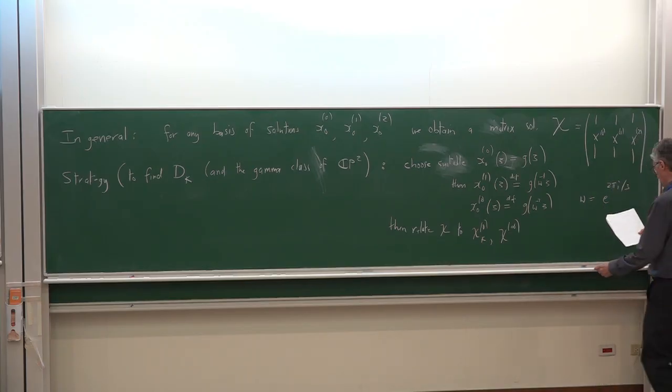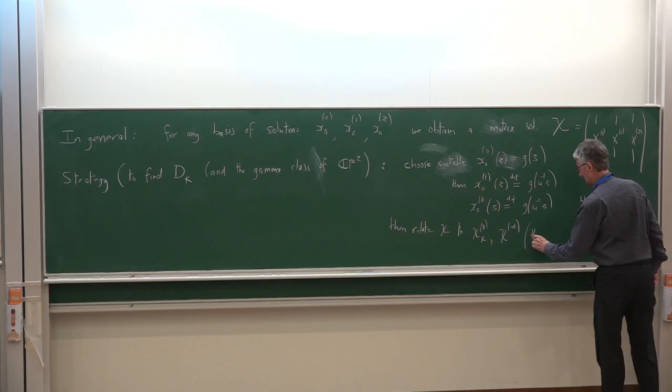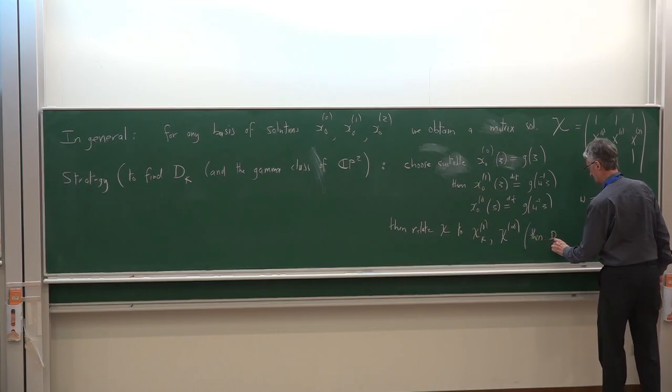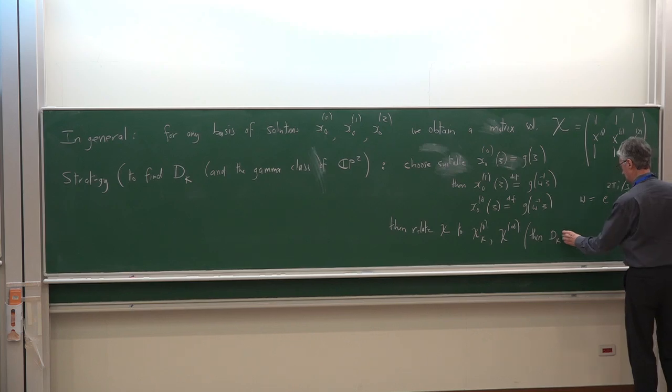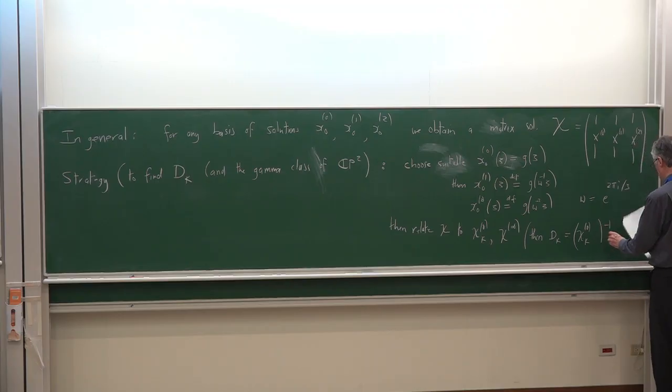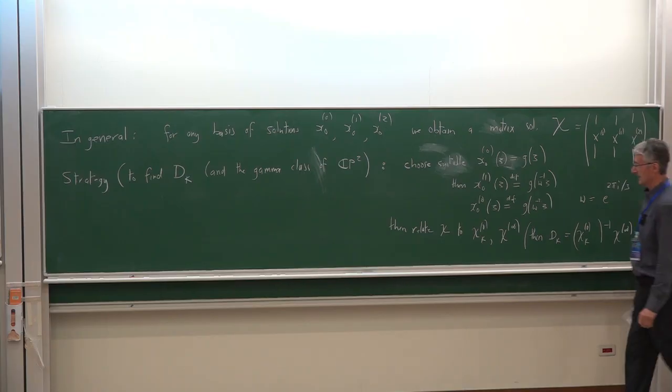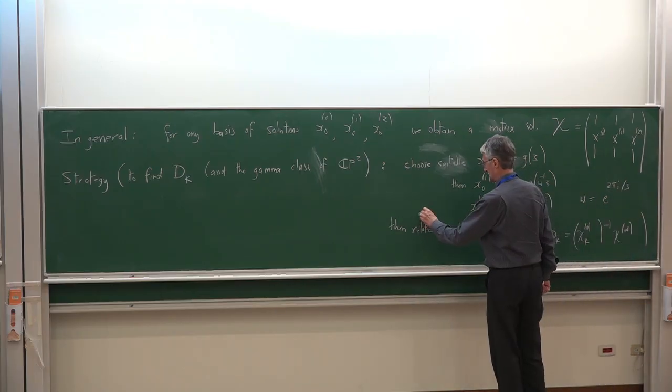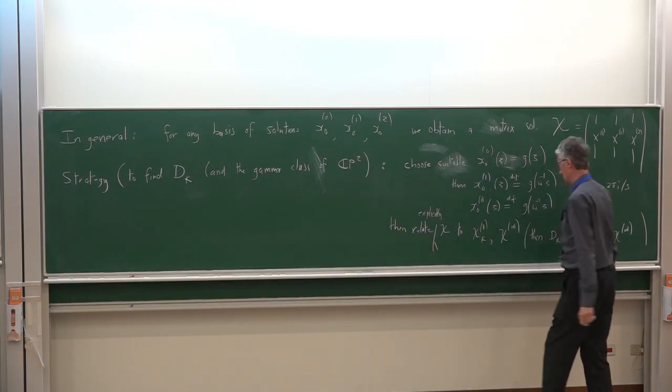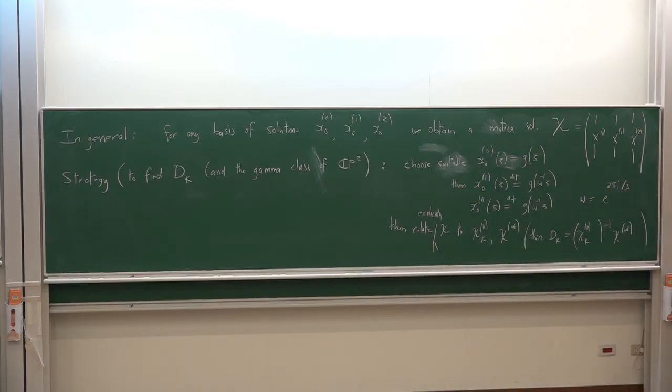And then we find d. So dk will be the difference between these two things, which I find if I relate chi explicitly to these things, and then I will find my explicit d. So that is the strategy.